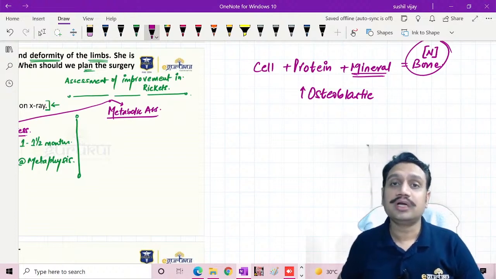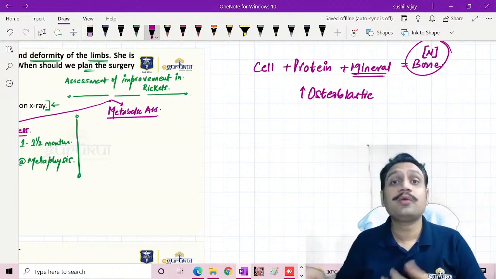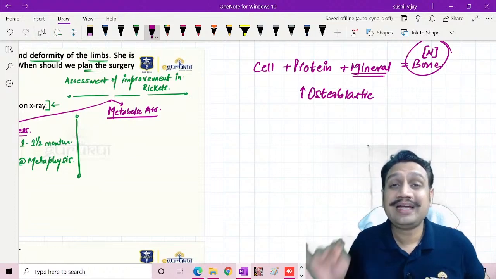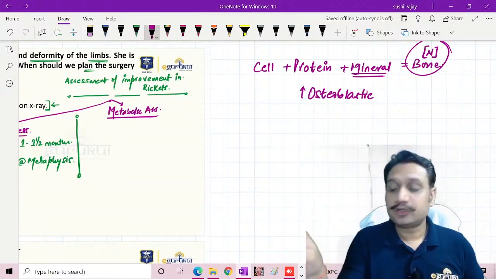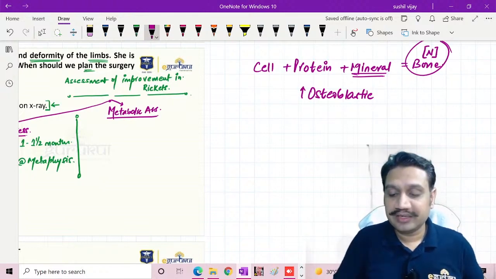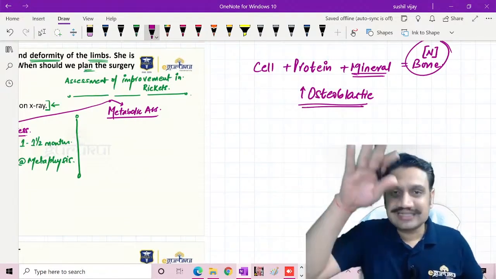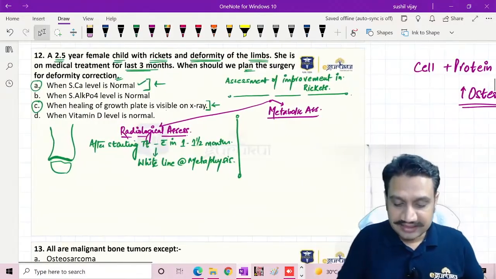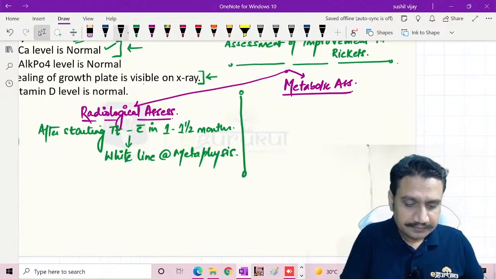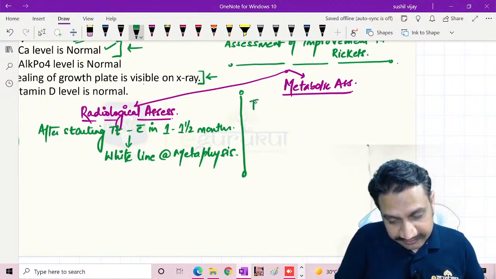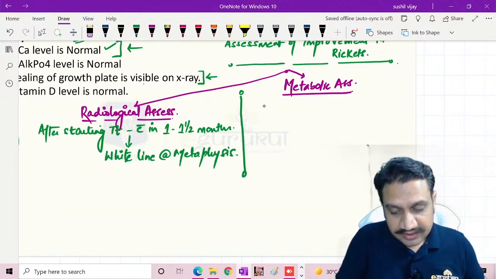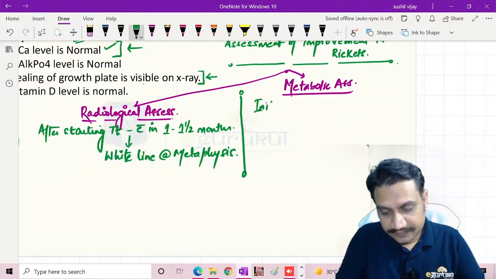And this new bone, which is defective, becomes normal when? When will it become normal? It becomes normal only when the minerals are supplemented. So once you start giving the minerals, what will happen? This increased activity of osteoblasts will start settling down, right? So metabolic assessment is done by the levels.